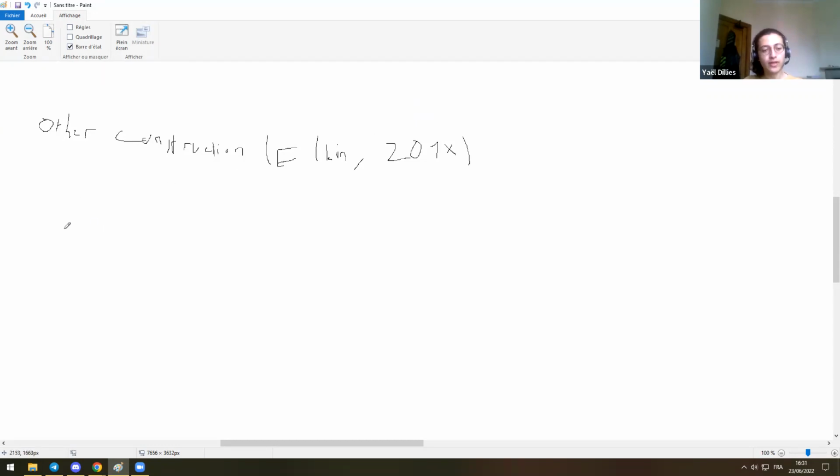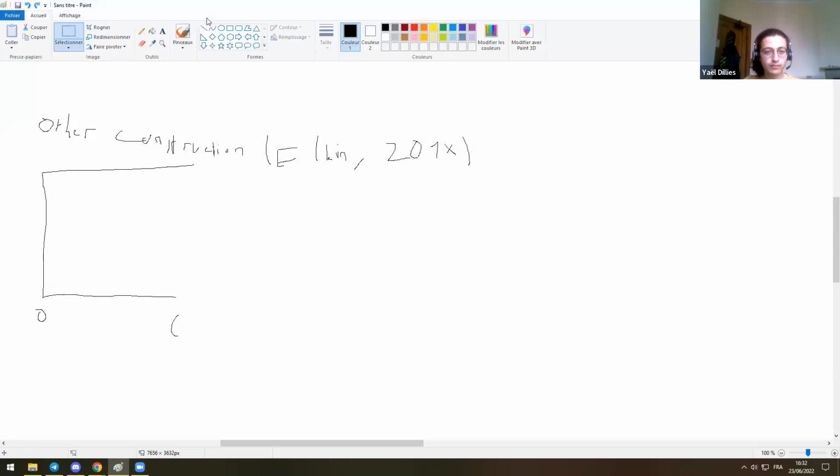But instead of looking at the sphere, intersecting it, mapping it to the naturals like this, we'll do something slightly different. We'll consider the box from 0 to 1, so this will be 1, 0, as the torus.